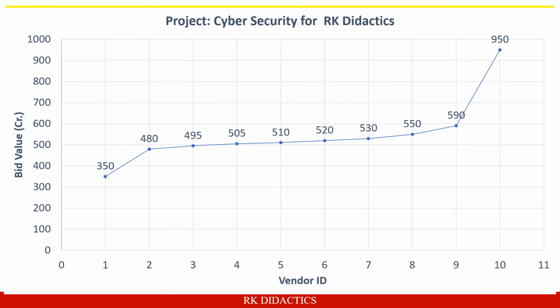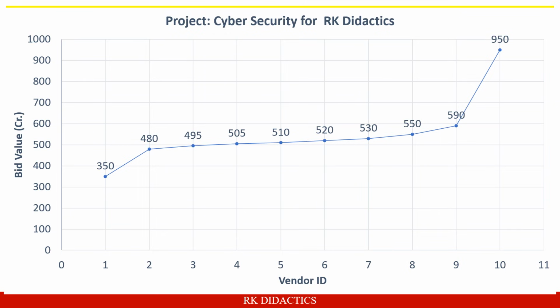So looking at our line graph, we see that vendor 1 has given his bid amount as rupees 350 crore. Vendor 2 to 9 amount is 480 to 590 crore, almost the same, but vendor 10 has increased to 950 crore.